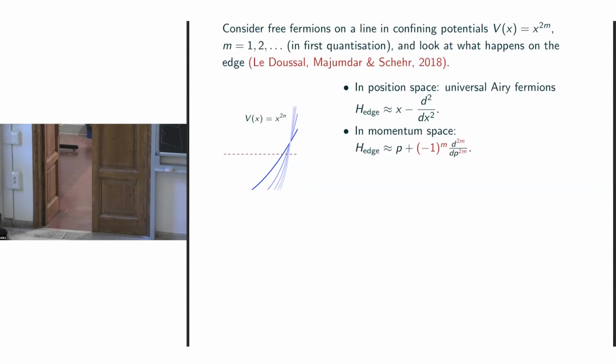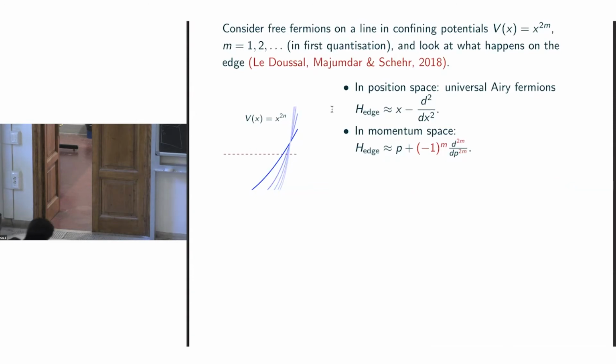They use first quantization, and they consider particular confining traps that look like x to the 2m for some positive integer m. And what happens in position space is exactly the universal case where you expect to get the Airy ensemble, which then gives you the Tracy-Widom distribution, because you're going to linearize the potential experienced by the particles there.